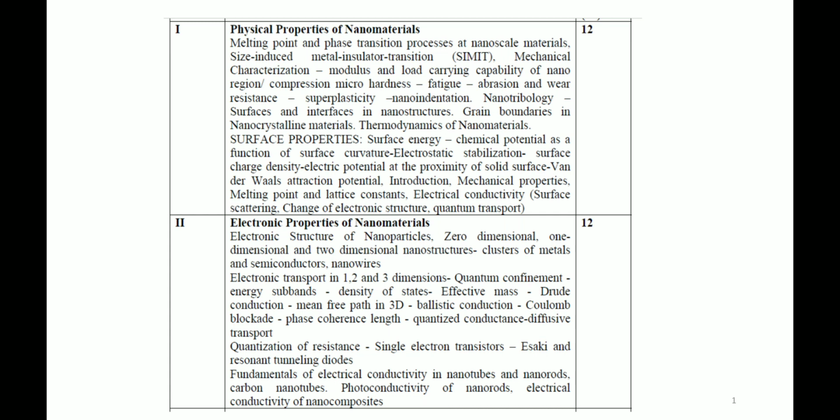These words, nano indentation and nanotribology, come only when we are talking about nanomaterials. In nanotribology, we cover surfaces and interfaces in nanostructures, then grain boundaries in nanocrystalline materials, and thermodynamics of materials is very common.